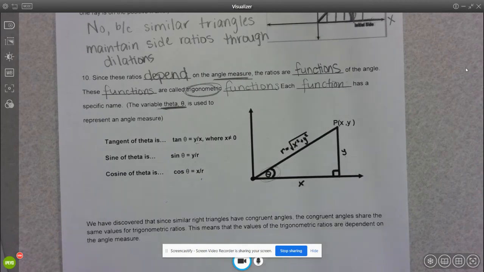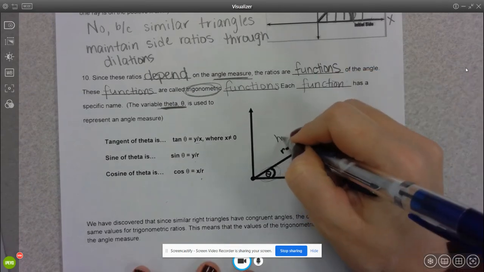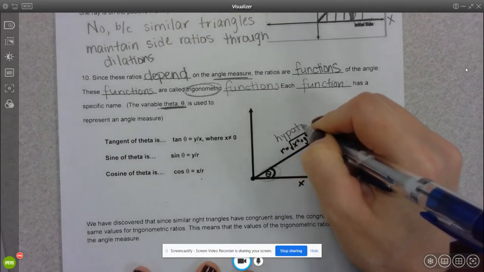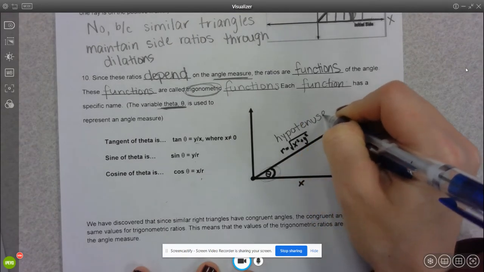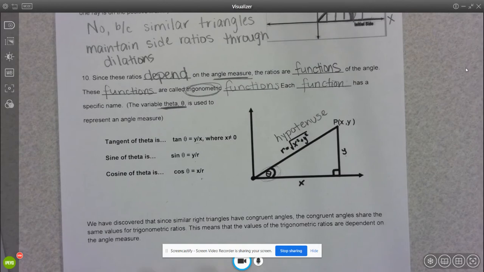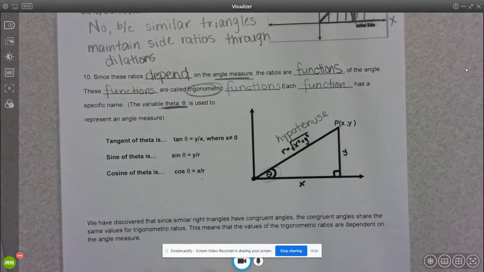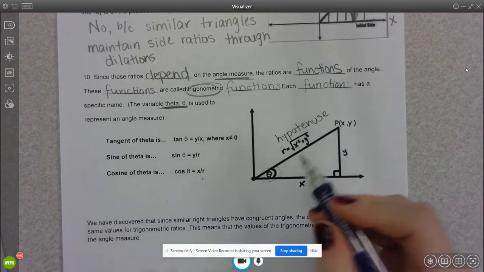Now, some other words that you are going to hear are adjacent and opposite. This is always going to be labeled hypotenuse because it is the hypotenuse of the triangle. Now, based on what angle we're looking at is what you will determine as opposite and adjacent.